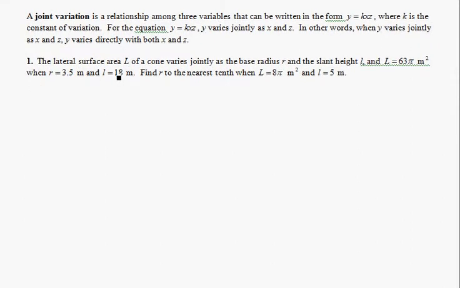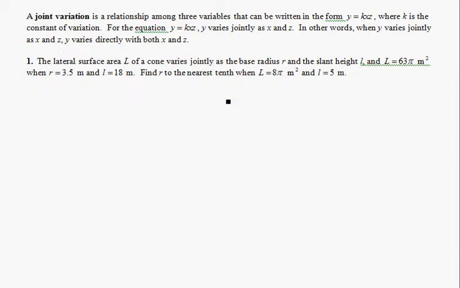It says that the lateral surface area L of a cone varies jointly as the base radius r and the slant height l. And L, which is the lateral surface area, equals 63 pi square meters when the radius is 3.5 meters and the slant height is 18 meters.